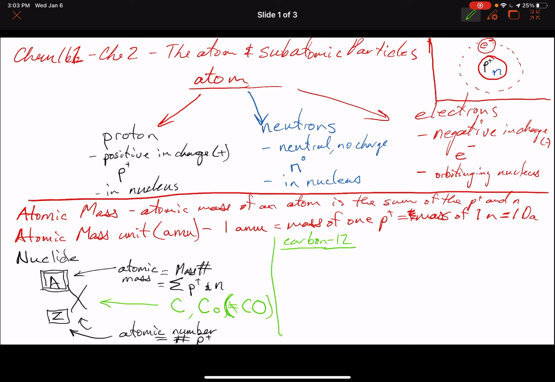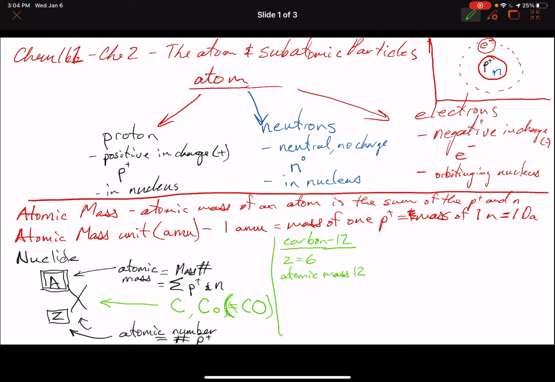If you turn to the periodic table, you would see that carbon is identified by atomic number Z equal to 6. Okay, so we know that Z equals 6 for carbon. We also know that the atomic mass number is 12, as we indicated above.